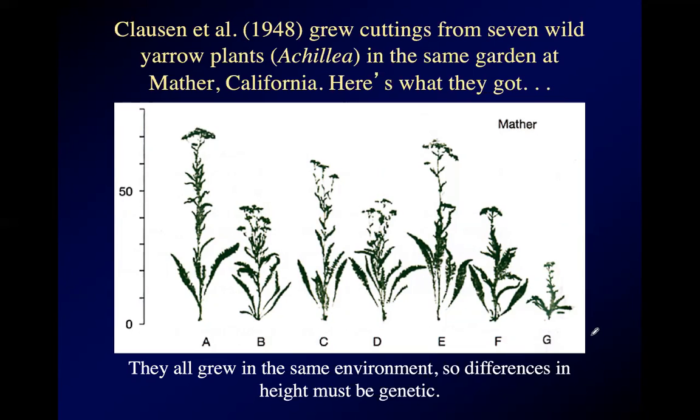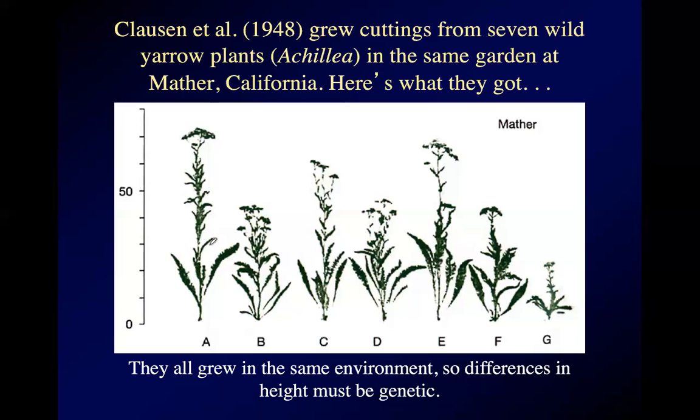They're all growing in the same environment, right? This is again what we call a common garden experiment. They're all in the same garden. They've all got the same soil, the same amount of light, the same amount of water, the same temperature fluctuations.